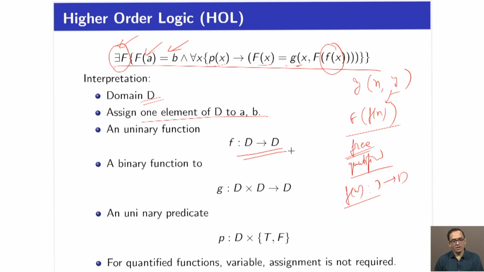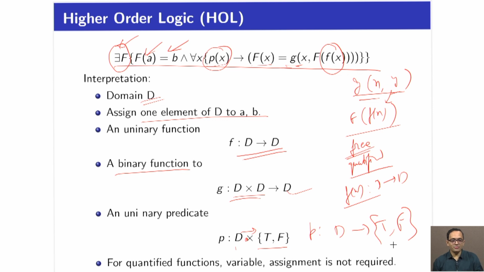And then you have g, which I have already talked about, it is a binary function, it will take two values from the domain and return another value in the domain. And then you have the unary predicate p, which will take a value from this domain and map it to true or false.